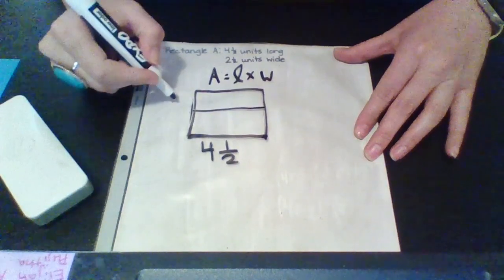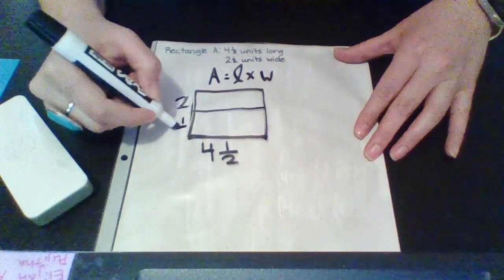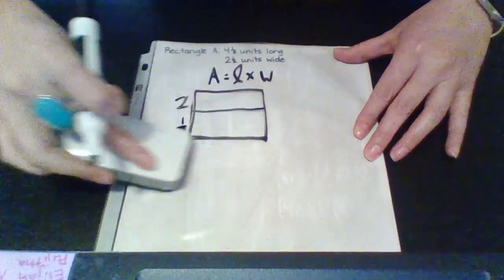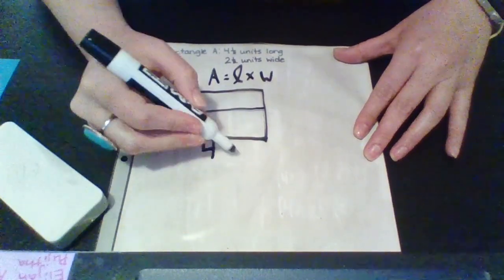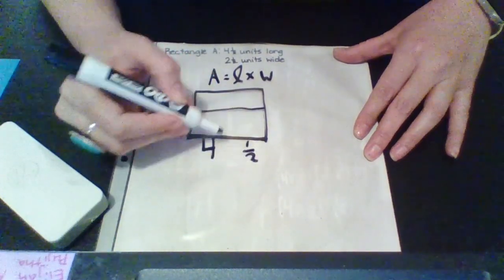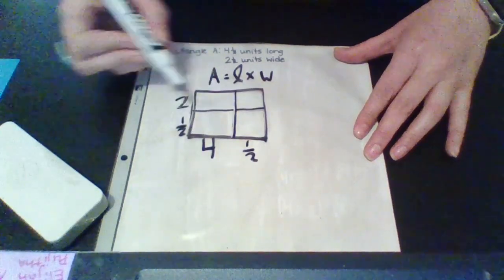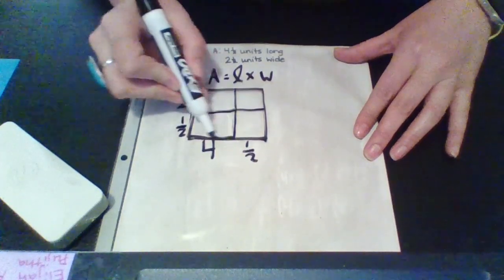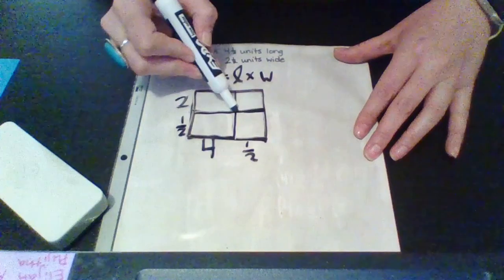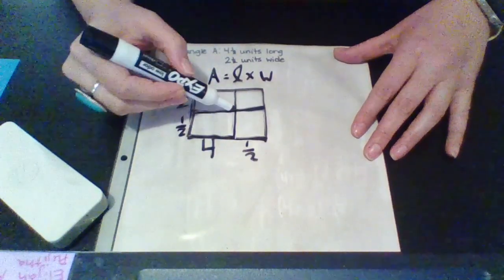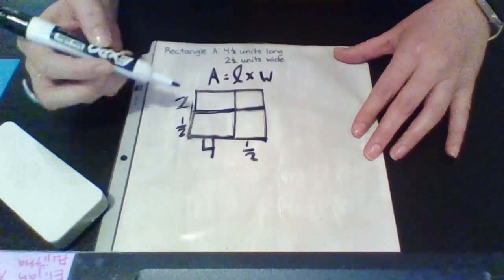So for 2.5, that's 2 and 1/2, and 4.5 is 4 and 1/2. So I'm going to decompose my shape. And now I have 4 smaller rectangles that I can multiply. I can multiply a whole number by a whole number.